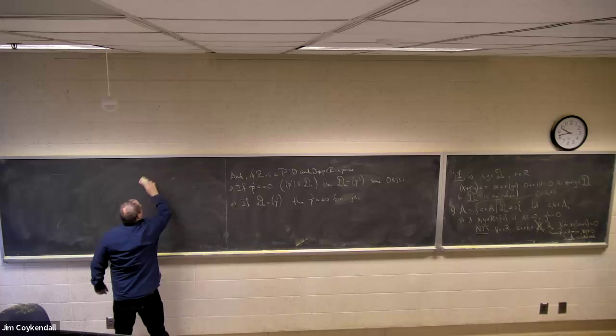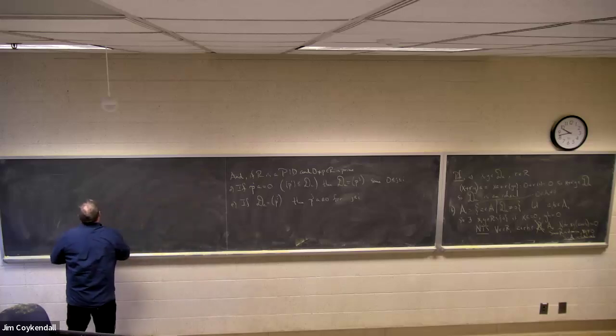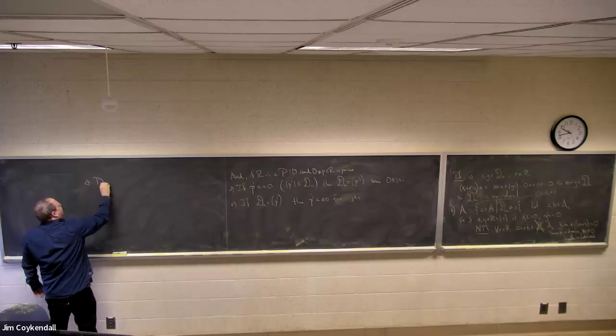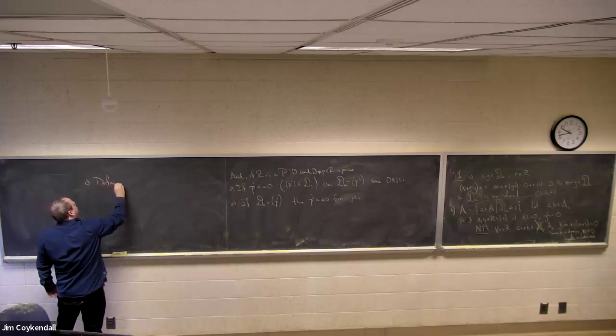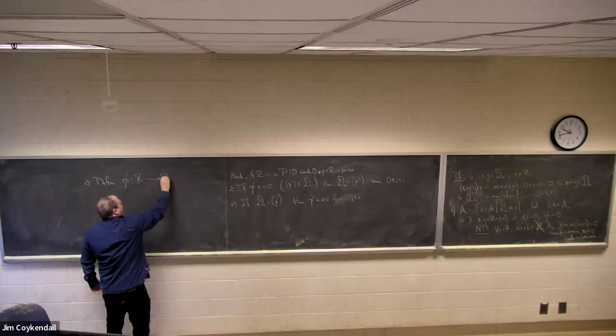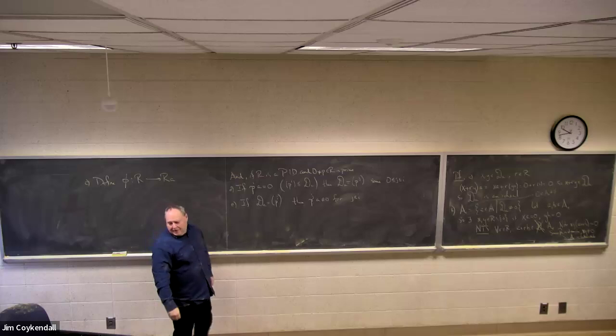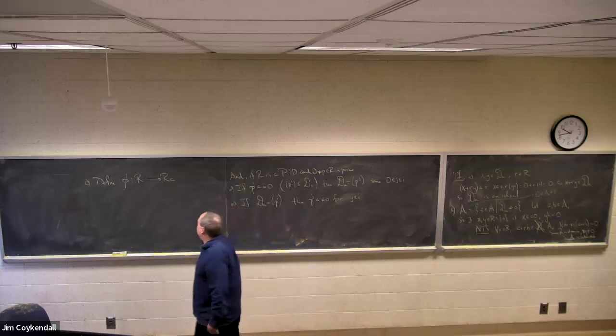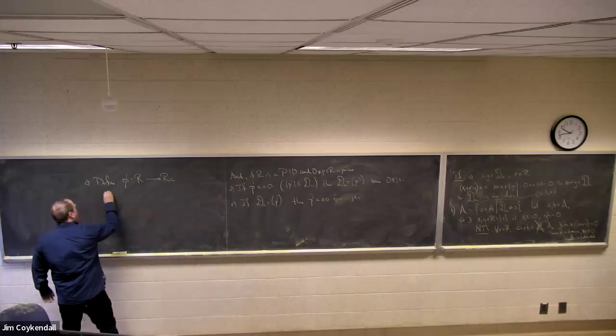So for number c, the map was defined. Remember, this is an R module homomorphism, and folks, if it ain't easy, don't do it, right? What's the easiest way? Do this.